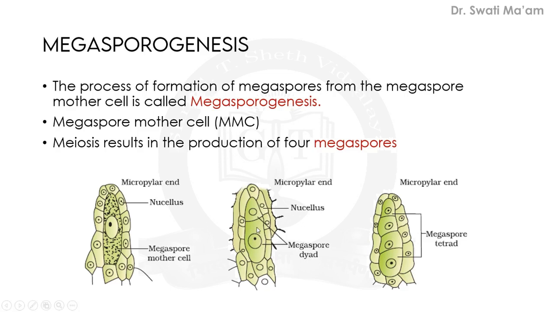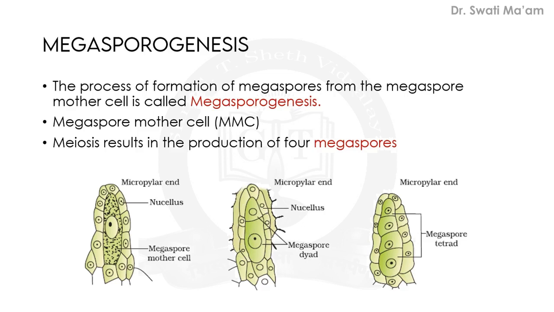Let's start with the next diagram. Here you are able to see this megaspore mother cell, after first meiotic division. We all know meiosis occurs in two parts, meiosis 1 and meiosis 2. So due to meiosis 1, two daughter cells are produced here, one this and another lower.